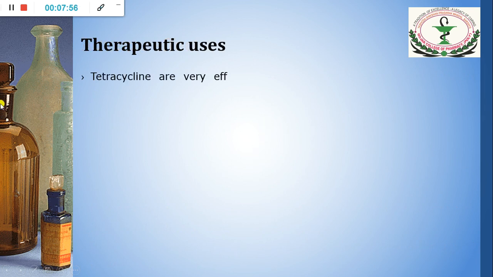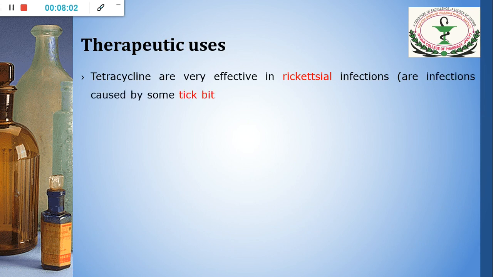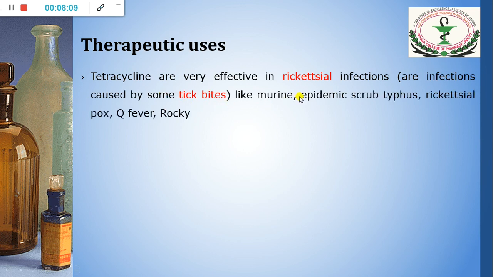Therapeutic uses: tetracyclines are very effective in rickettsial infection, the infection which is caused by the biting of a tick, which includes murine, epidemic scrub typhus, rickettsial pox, Q fever, and Rocky Mountain spotted fever.